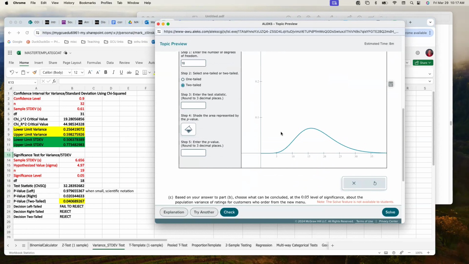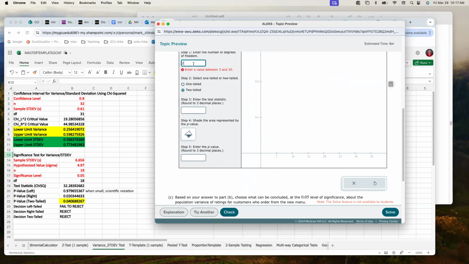So notice, by the way, these chi-squared distributions, they're not symmetric like the normal and the t. These are actually skewed right. And the lesser the degrees of freedom, the greater the skewness. So let's say, though this isn't correct, if I had 2 degrees of freedom, well, they want 3.